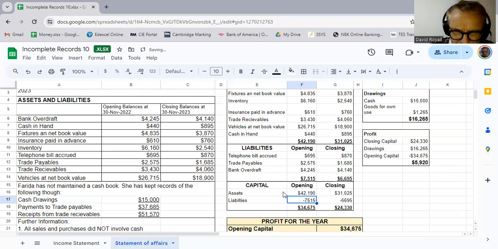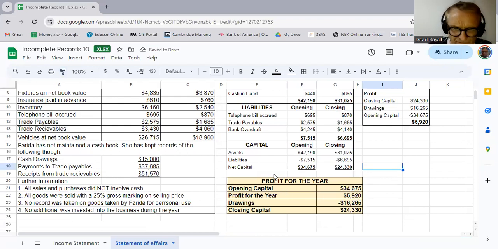So assets less liabilities gives you, let's tidy up these figures. Gives you the net capital. Okay, that's useful. That tells us what the business is actually worth.